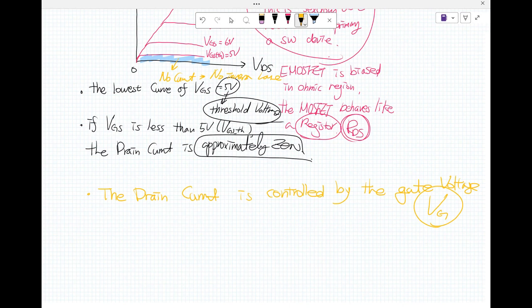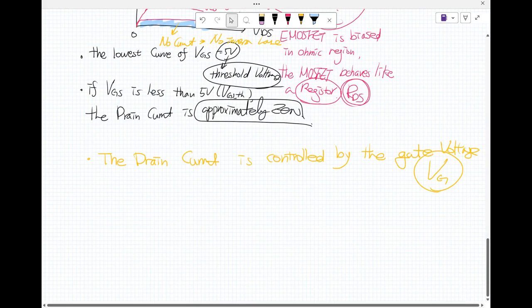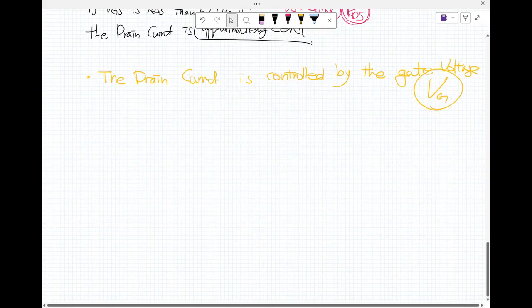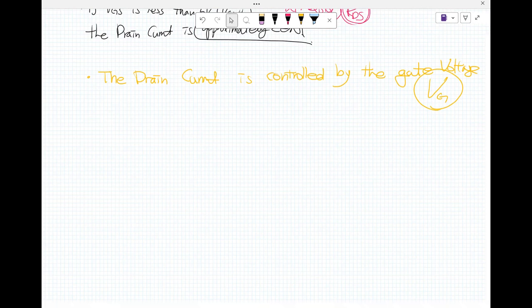And for I sub D saturation, the drain saturation formula is V sub DD divided by R sub D. Okay. All right.